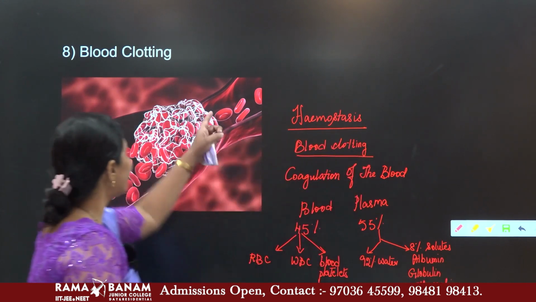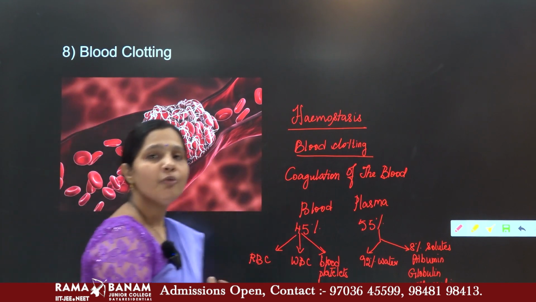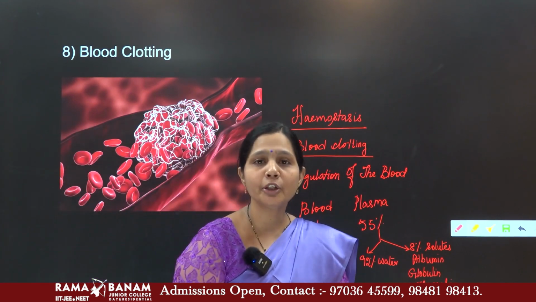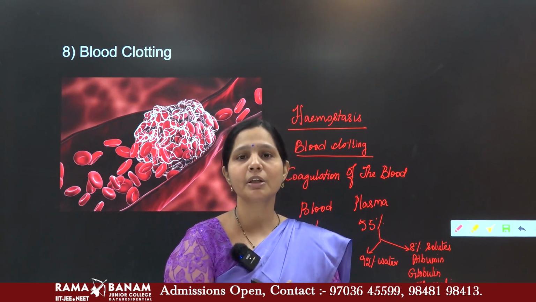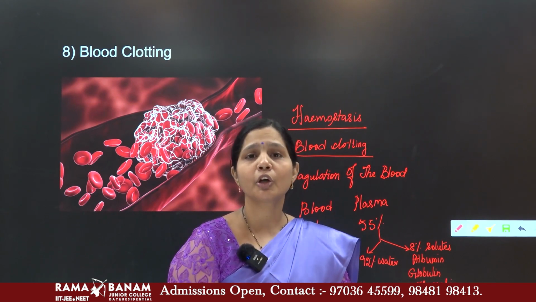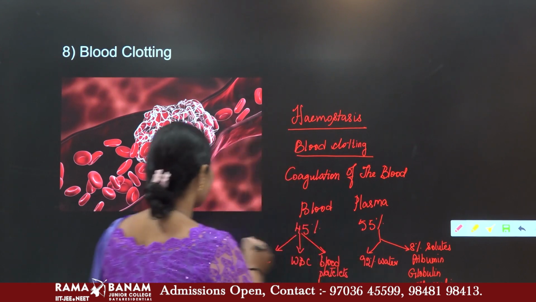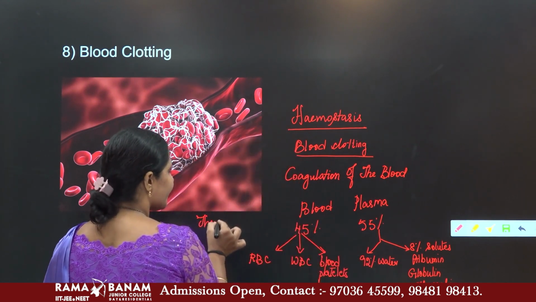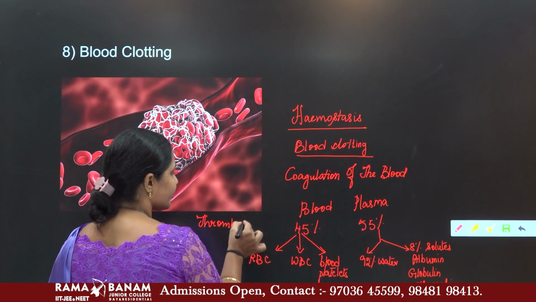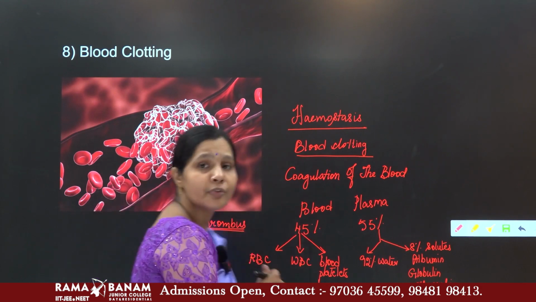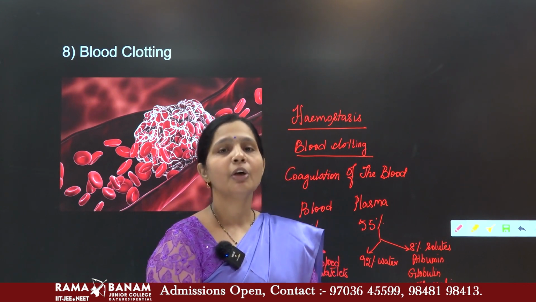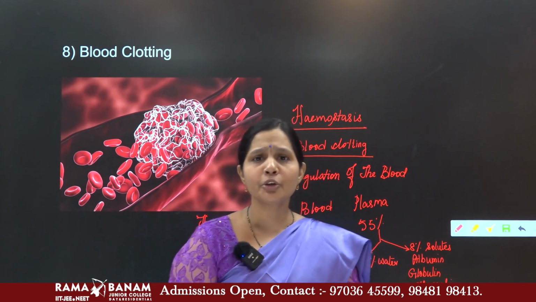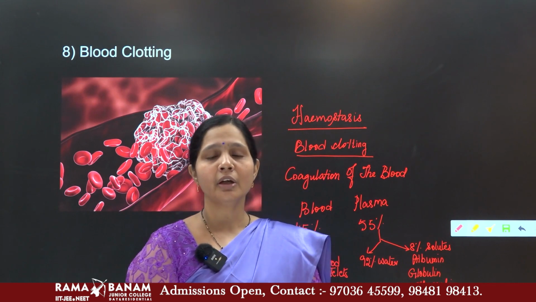Right. So what happens during blood clotting? Whenever there is an injury to a blood vessel, if it is in the internal environment, that means in the internal part of the body, the clot that is formed is known as thrombus. And if this thrombus continues, it can be fatal to life also. Whereas if the injury is an external injury, then what happens?